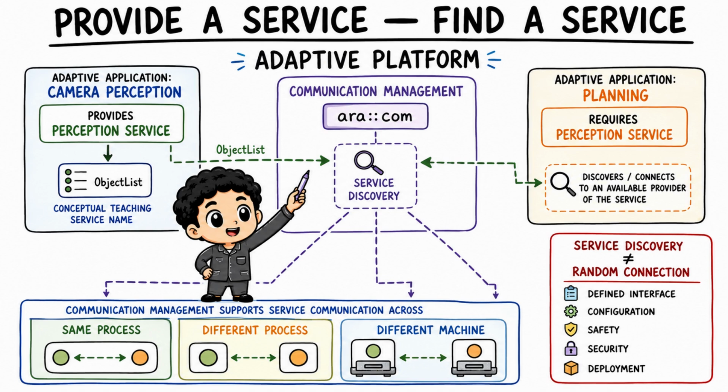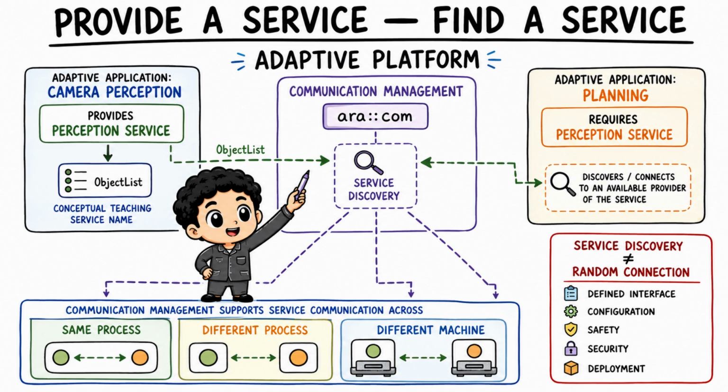AUTOSAR Communication Management provides the platform mechanisms for this service-oriented communication. Its ARA.com interface supports communication within a process, between processes on one machine, and between machines. This is why service discovery becomes important.